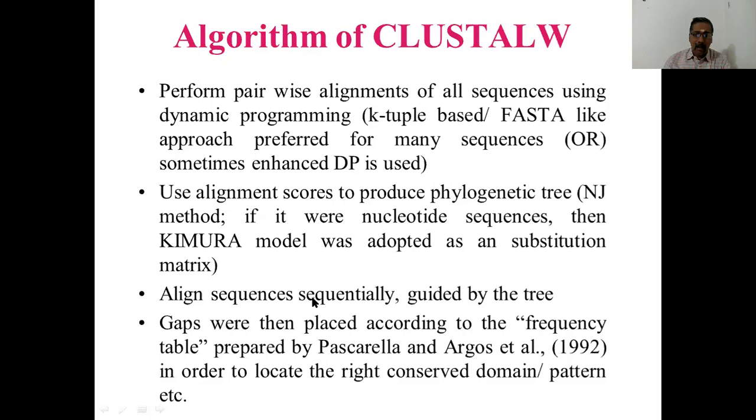That's what it says: align sequences sequentially according to the result guided by the phylogenetic tree. So the second step is very, very important, right? Very simple. Construct a multiple sequence alignment using a dynamic programming method. Second, build a phylogenetic tree using the neighbor joining method.